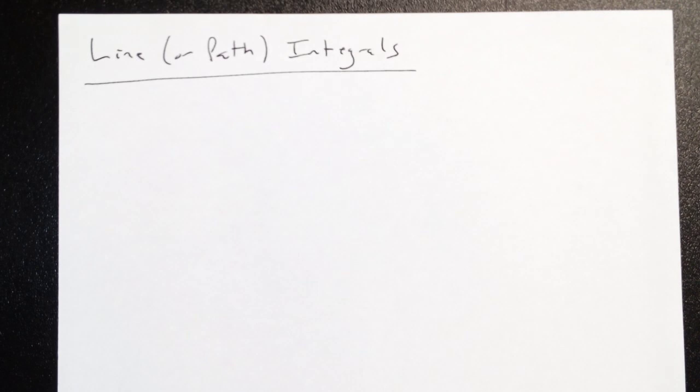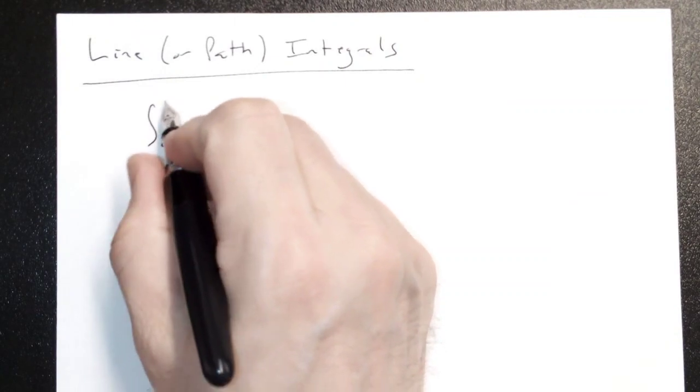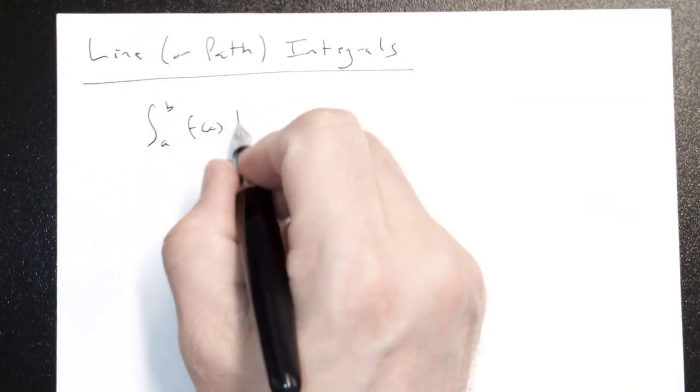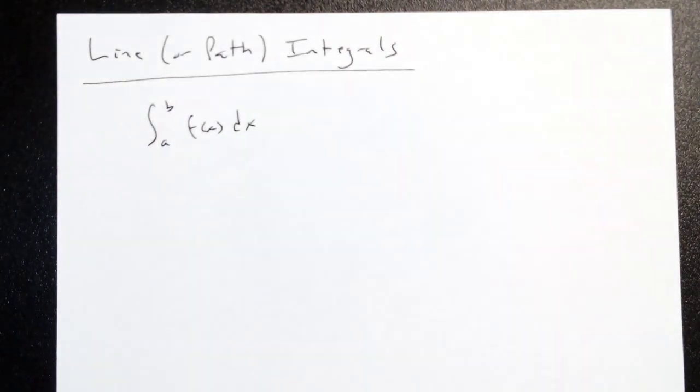I want to look at integrals a little bit differently. When we think of this integral, we used to write this as an area, right? What was it the area of?